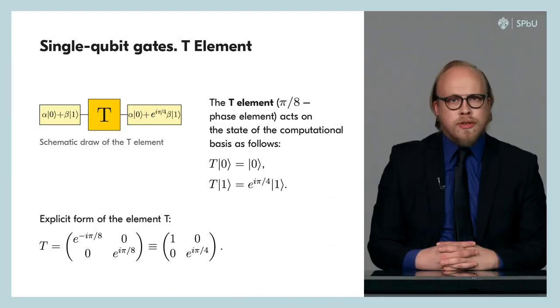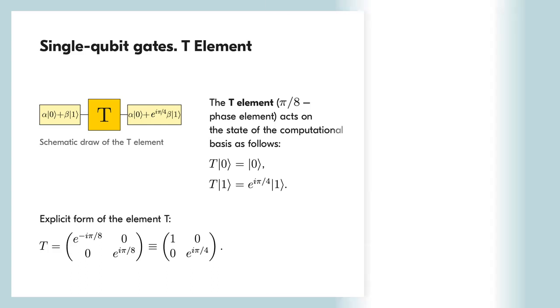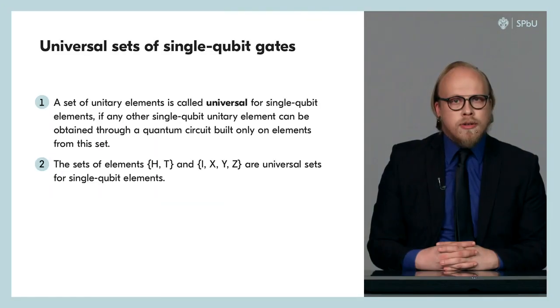The action of the element T could be reduced to a change in the relative phase of the superposition terms by pi over 4 and not by pi, as in the case of the element z. An important property of this logical element is that together with the Hadamard element, they form a universal set of one-qubit elements. That is, any other logical element can be expressed through these ones.